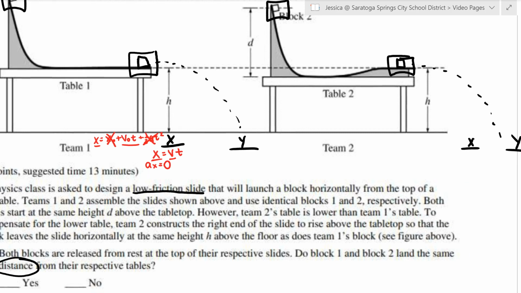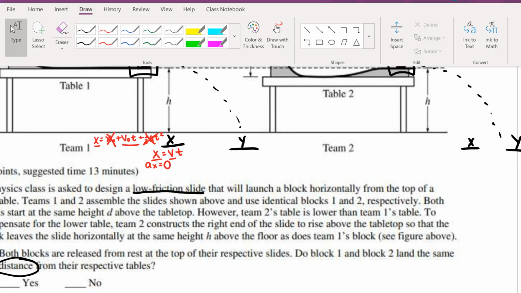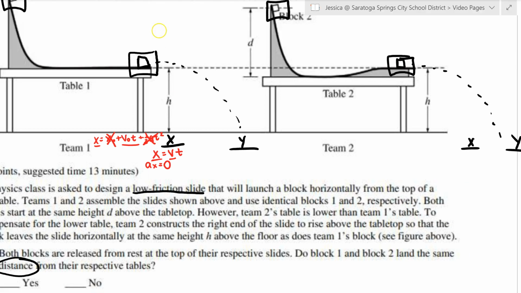The time component, remember, is dependent on the Y direction, or in a sense, the height of the table, or how far the block has to fall. So in the Y direction, we're going to have an initial velocity of 0, an acceleration that equals g, meaning negative 9.8 meters per second squared. My change in y is the height. Again, we're going to use this y direction to find time.